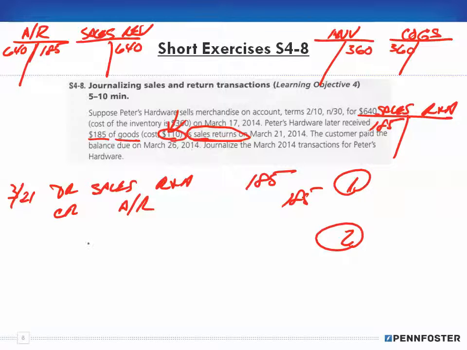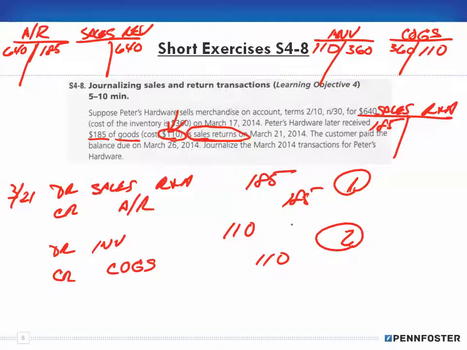Okay? So if I had a credit of 360, right? Because I made the sale. Well, if it's coming back, then the opposite of that is a debit to inventory for the $110, which is the cost, and I'm going to credit my cost of goods sold account for $110, right? Right, so that's my posting there.